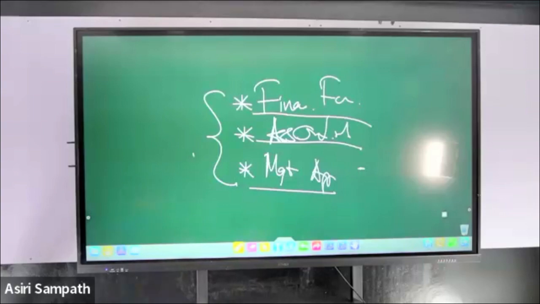Number 7, goods worth rupees 30,000 were destroyed due to fire.